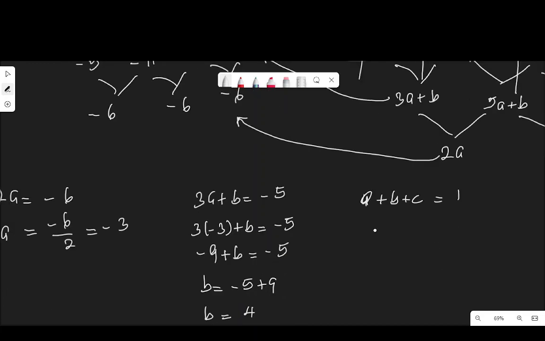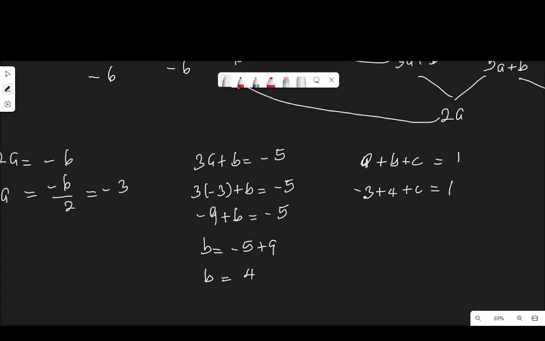Now a is minus 3, b is 4, and c is what we are looking for. Minus 3 plus 4 is 1. The 1 plus c equal to 1. C therefore is 1 minus 1, which is 0.